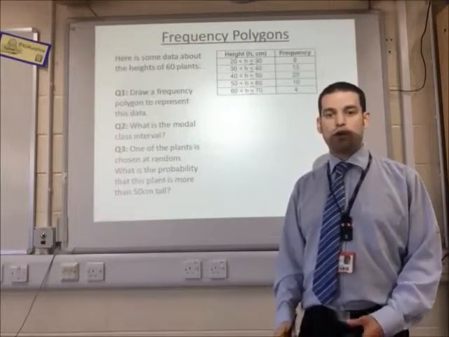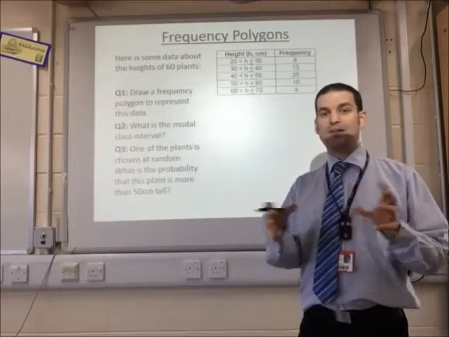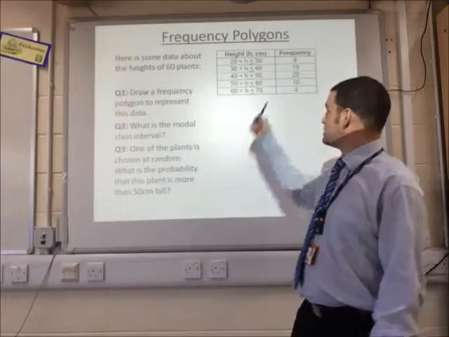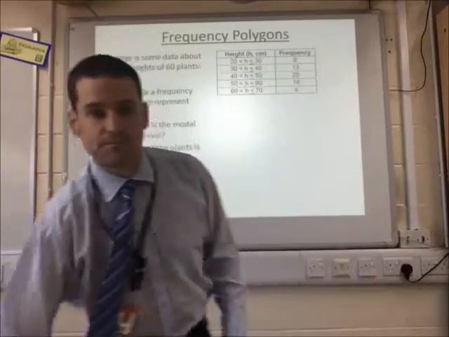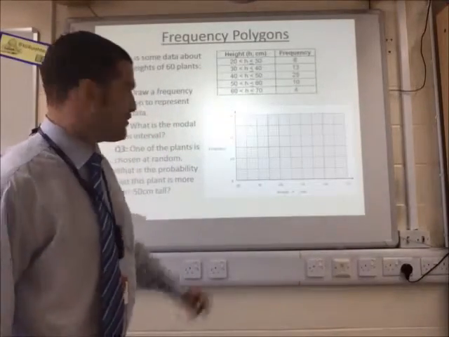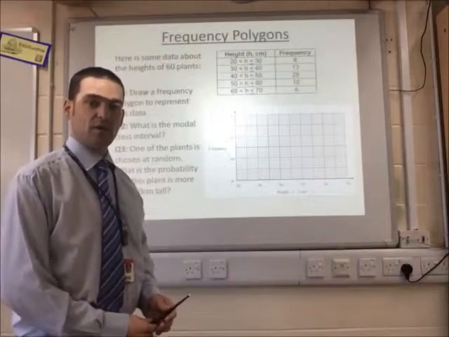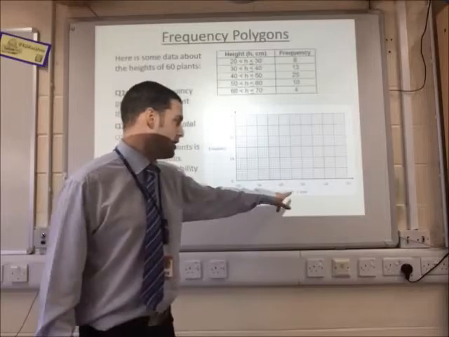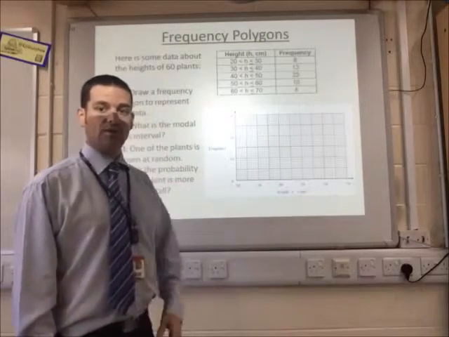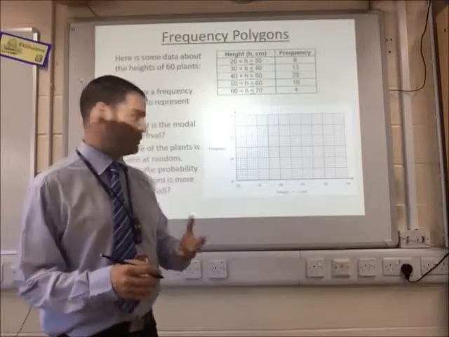A frequency polygon is basically like a line graph that represents those different numbers, those frequencies relative to one another. Okay, we've got the axes given to us in the question and the graph paper. You should check here that the axes have been labelled. Always make sure you've got them labelled.